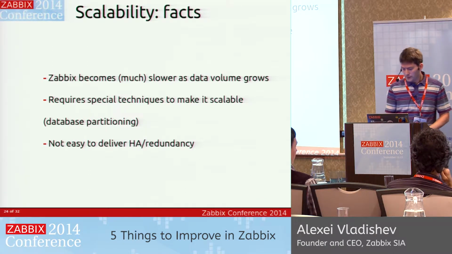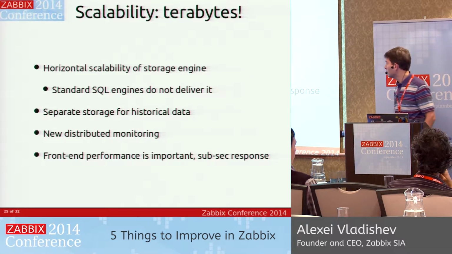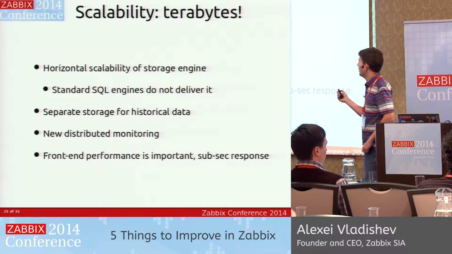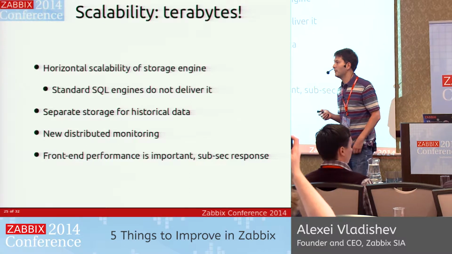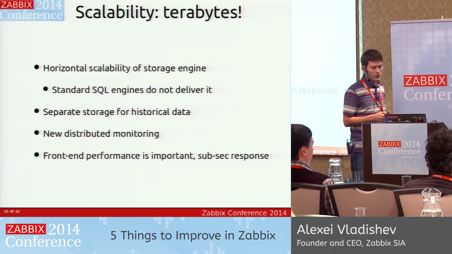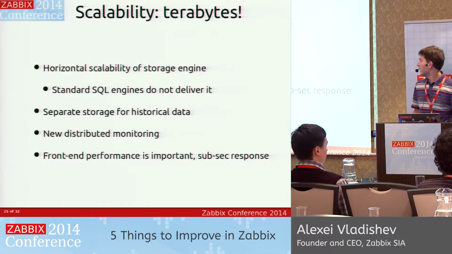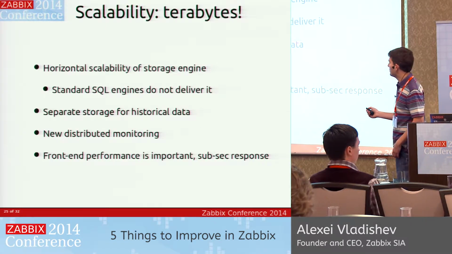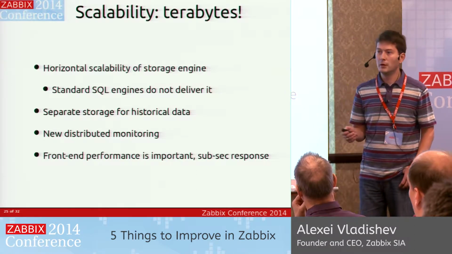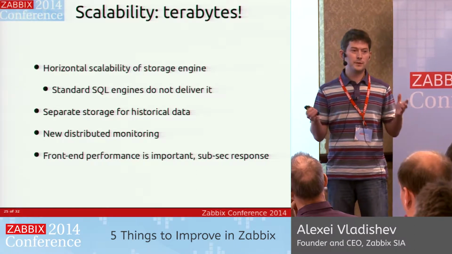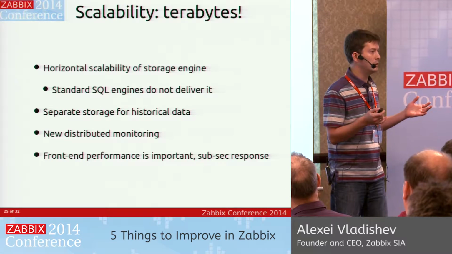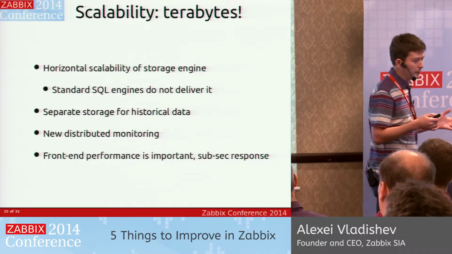And this is where horizontal scalability of NoSQL storages may help us very much. The idea is to have a separate storage for historical data. We need consistency, and consistency is a must for configuration data and, of course, for historical data as well.